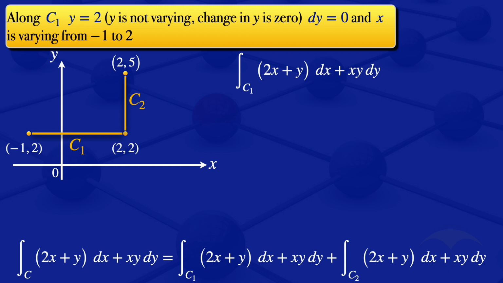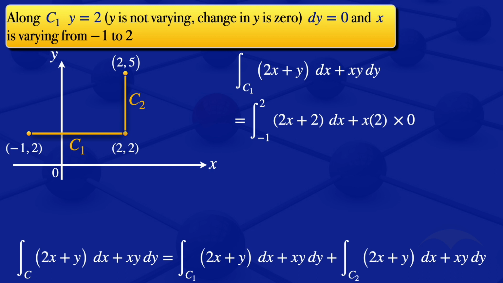If we substitute into this integral, we would have the integral from -1 to 2 of (2x + 2) dx, because y is 2, plus x times 2, because y is 2, multiplied by 0, just because dy is 0. There is no change in y.